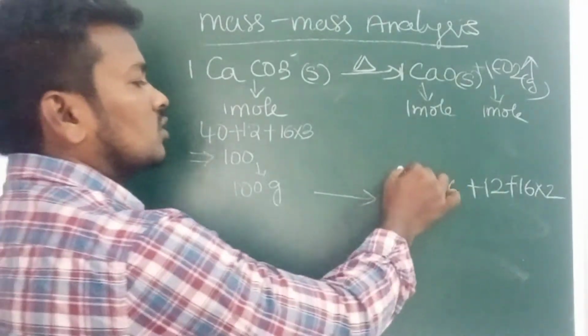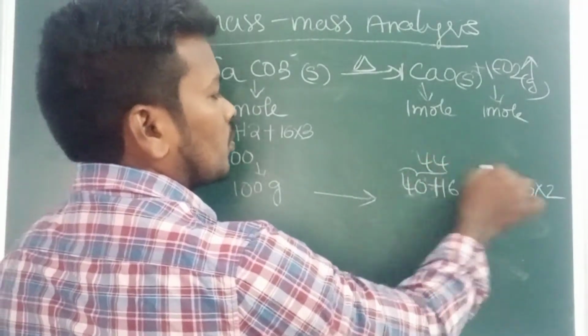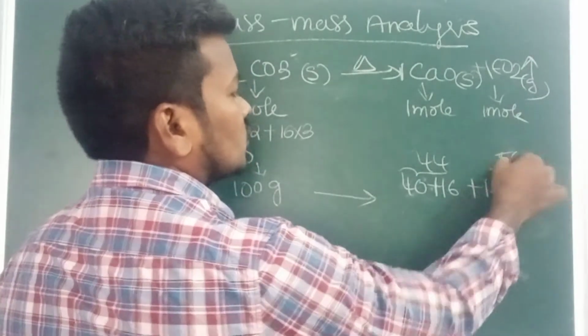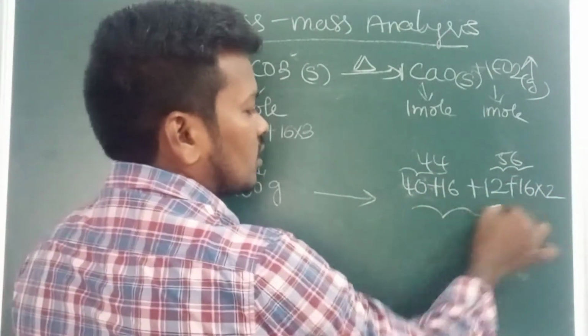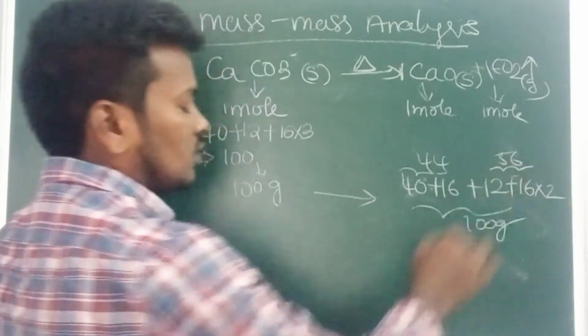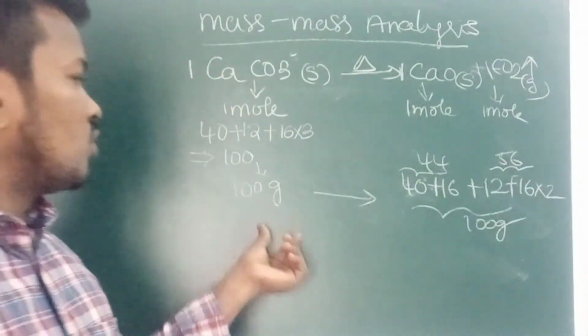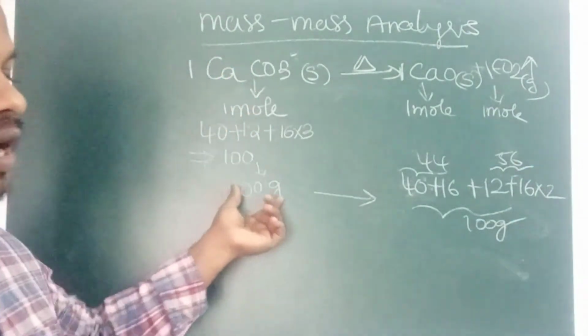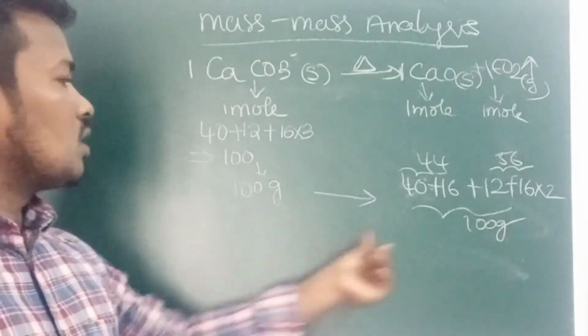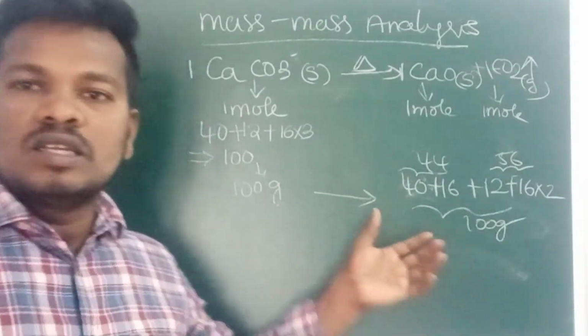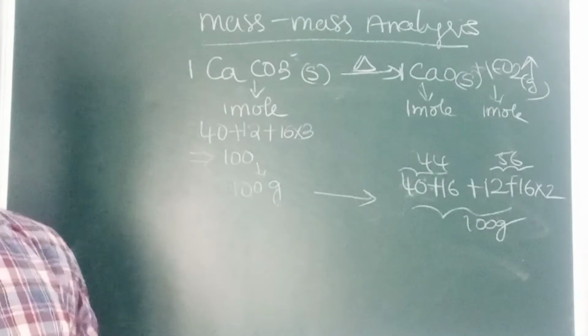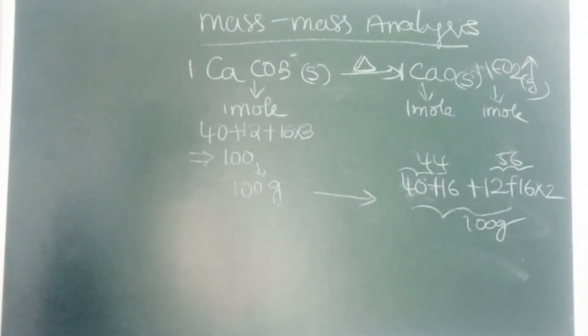This is 56, this is 44. 44 plus 56 is nothing but 100 grams. Of course, according to the law of conservation of mass, atoms are conserved and balanced. At the same time, mass will also be balanced.